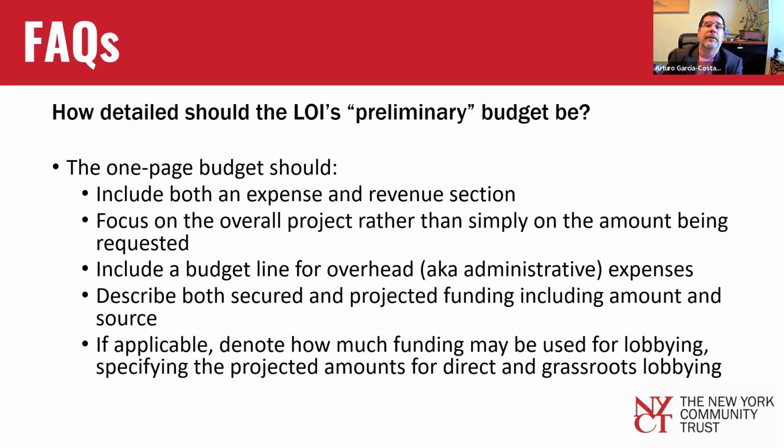So I like to bring this up in these sorts of sessions, because you should think, particularly if you're doing an advocacy grant, whether lobbying makes sense to include in the LOI or in the full proposal. And in those instances, all you need to do is specify a top line for the lobbying, and then break that top line down into grassroots and direct lobbying in your budget.